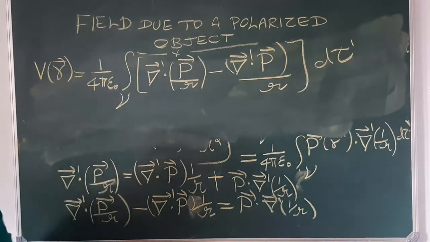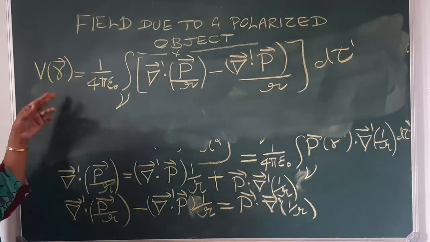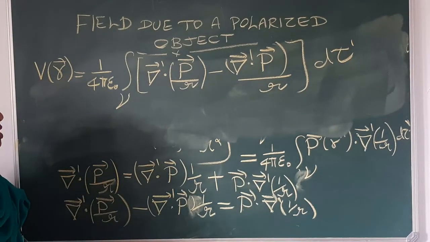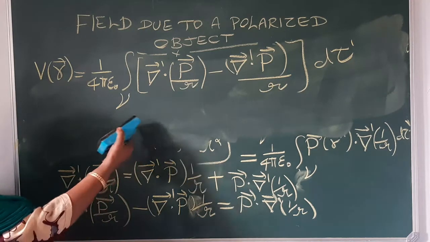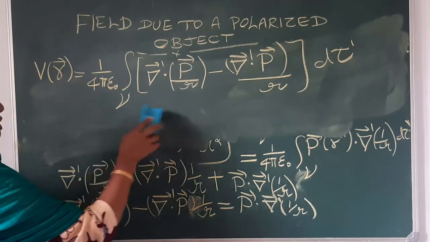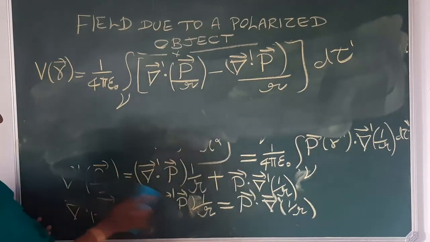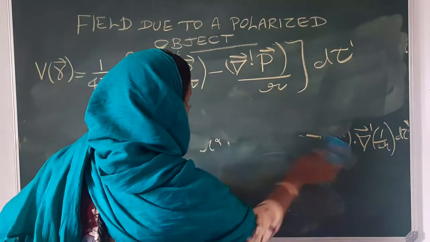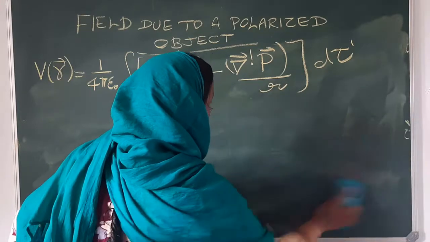Okay. Now the potential due to the polarized object is given by these two integrals. One volume integral here and the other one here. Okay. Now we can simplify further these two equations.